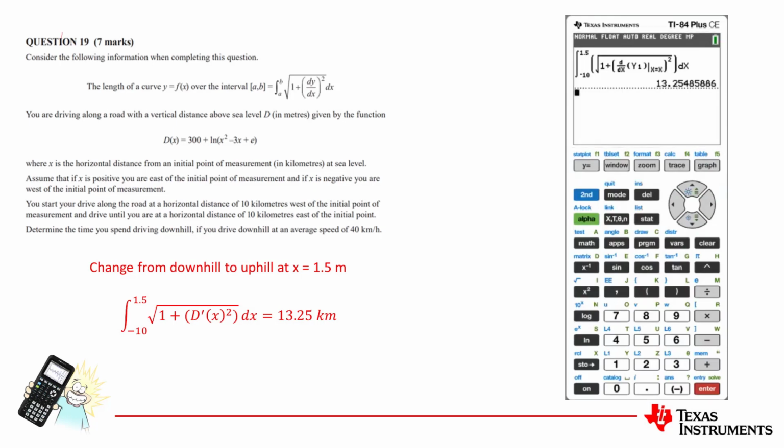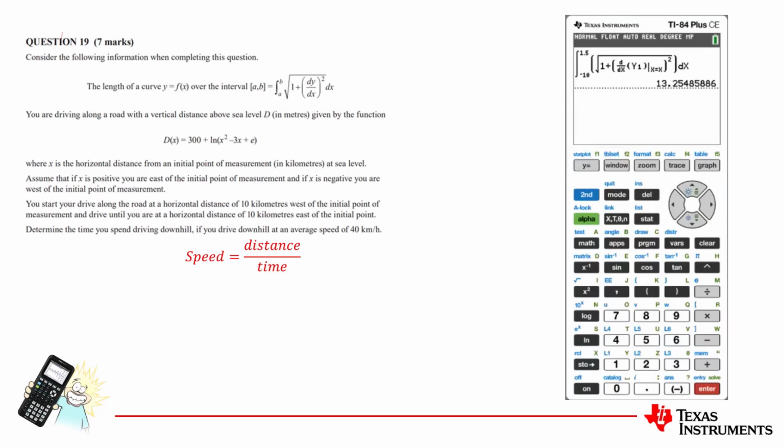Now we haven't quite answered the question because we want to find the time we spend driving downhill if we're driving at an average speed of 40 kilometers per hour. So my formula for speed is distance over time. So that's 40 equals my distance, 13.25, over time.